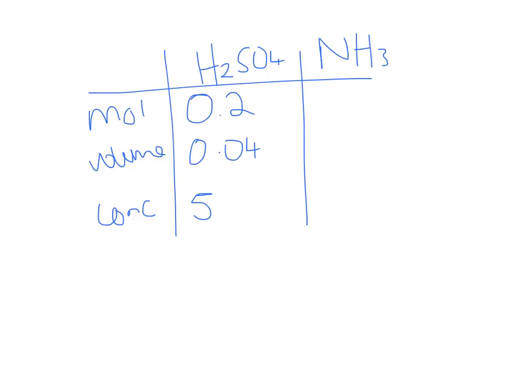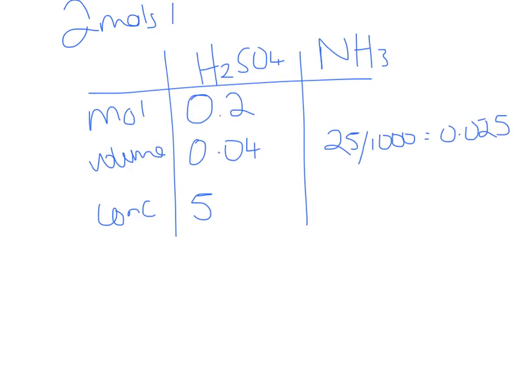Now, how do I fill in the rest of the other side? Well, in a question or in your experiments, you'll know how much alkali you're using. So in this case, we're going to say it's 25 centimeters cubed, or in decimeters cubed, that's 25 over 1,000, which is 0.025. And that's as much as you'll know, but from the equation, we had 2 moles of NH3. If you look, pause the video, go back, check.